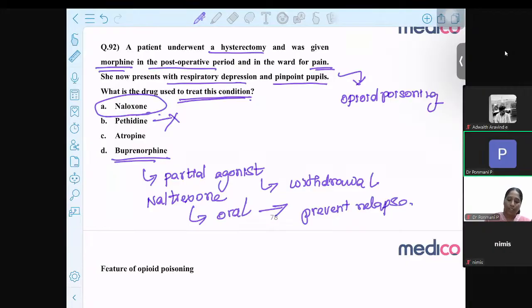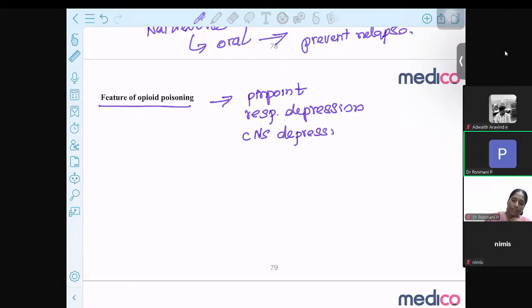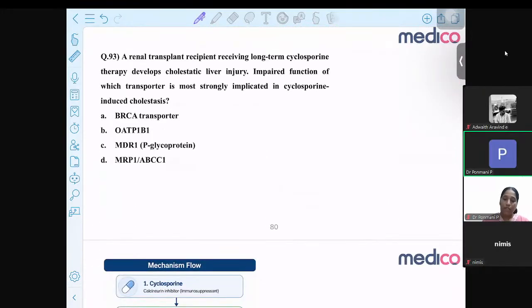So the correct option here is naloxone. And what are the features of opioid poisoning? The main feature is pinpoint pupil. The other is respiratory depression. And it can also cause CNS depression. Right, so now the next question.